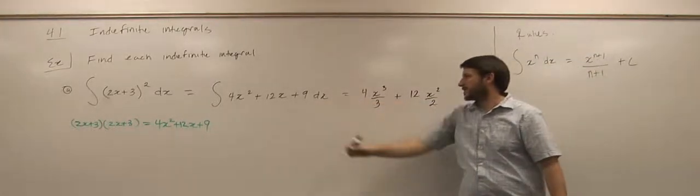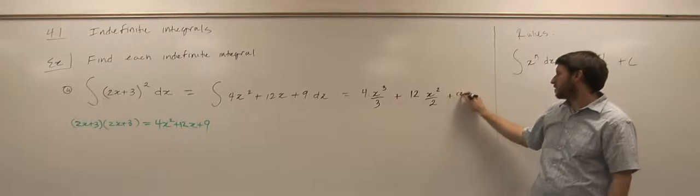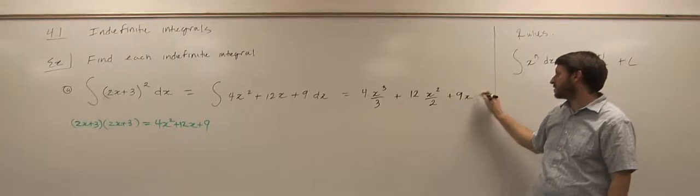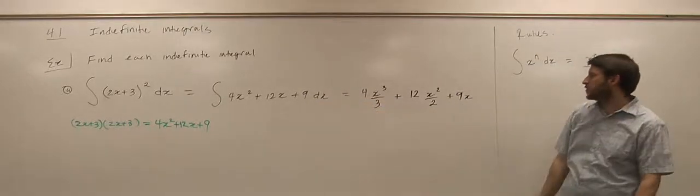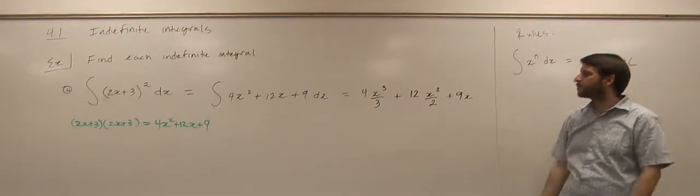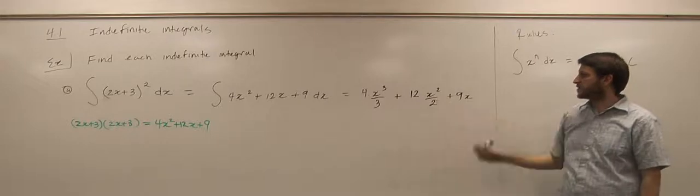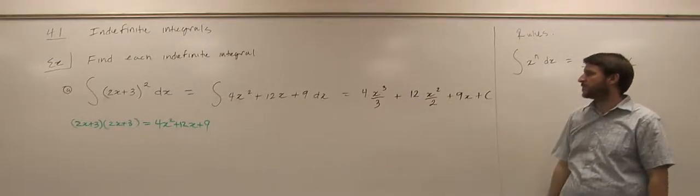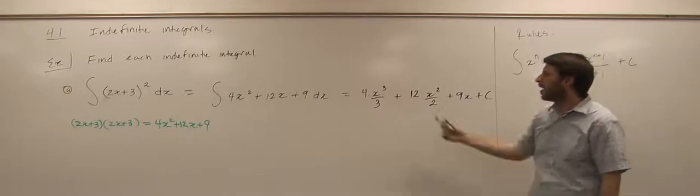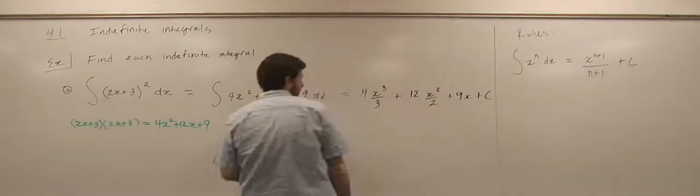What about when I integrate this 9 here? You just get 9x. When you integrate a constant, you just tack on x. So this is good. Plus c, since it's an indefinite integral. And then probably you want to clean it up a little bit.